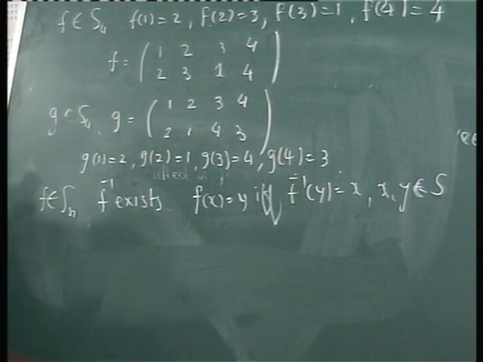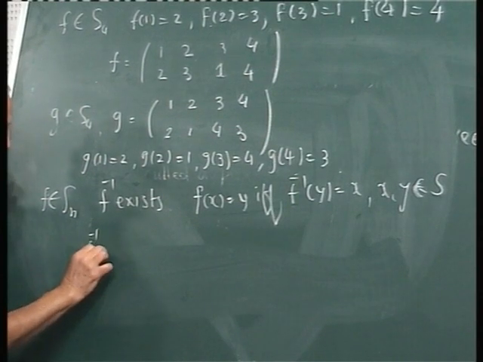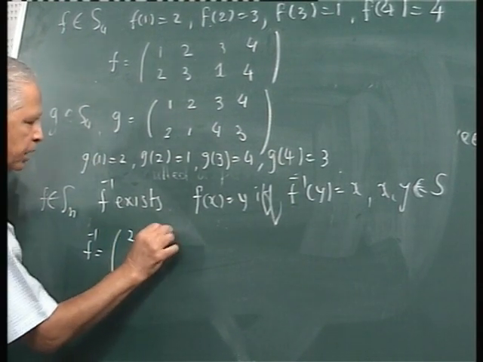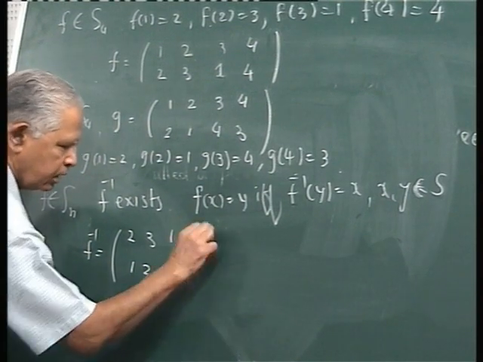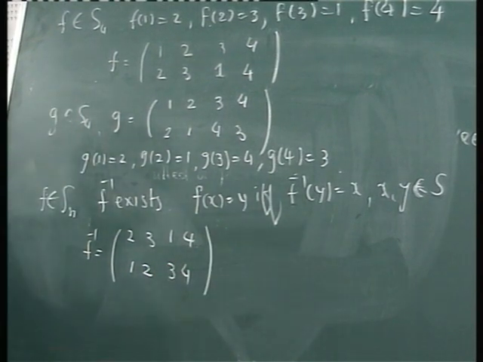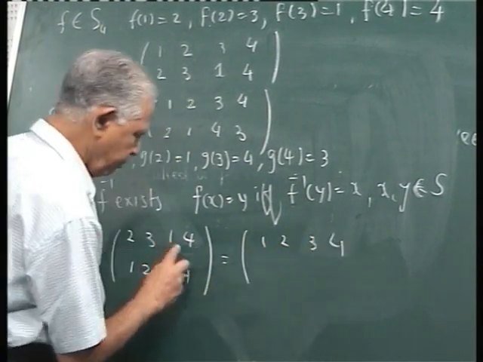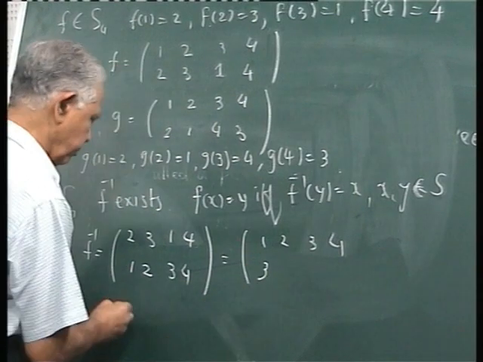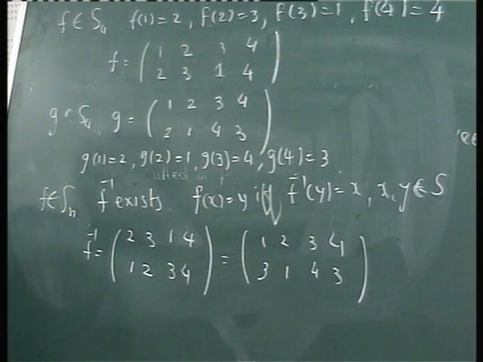That means f inverse is given by 2, 3, 1, 4 over 1, 2, 3, 4. To write this in our standard notation, we write 1, 2, 3, 4. Below 1, the value is 3, below 2, 1, then 4 and 3. So this is f inverse.